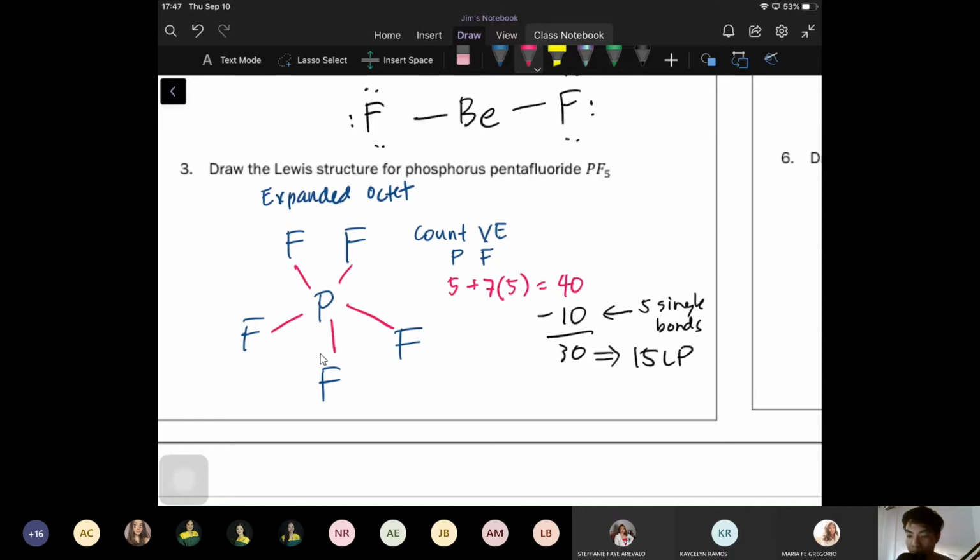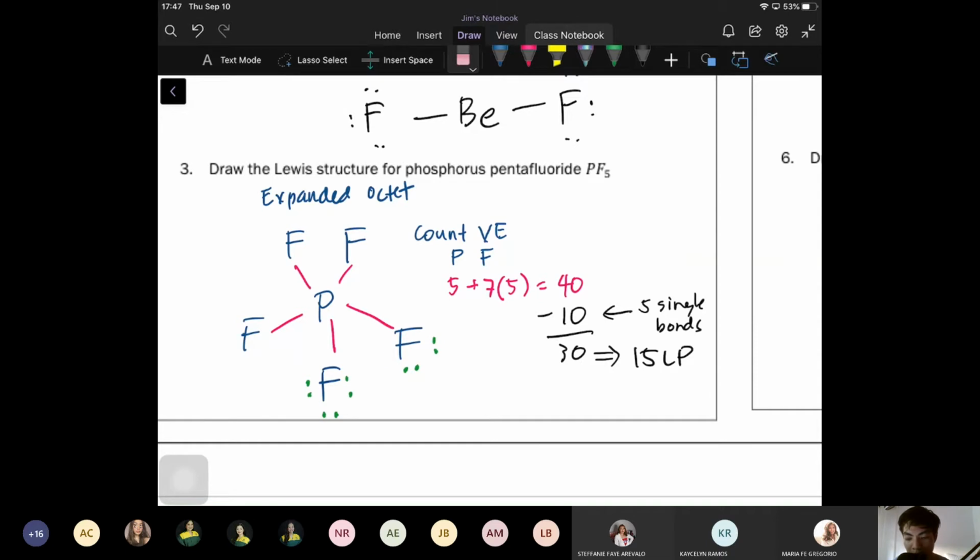So, fluorine. Looking at fluorine, it already contains 2 electrons, so it needs 6 more. 6 pa, or 3 lone pairs na. So, lahat ng fluorine, lalagyan ko ng 3 lone pairs na. So, 1, 2, 3, 4, 5, 6.